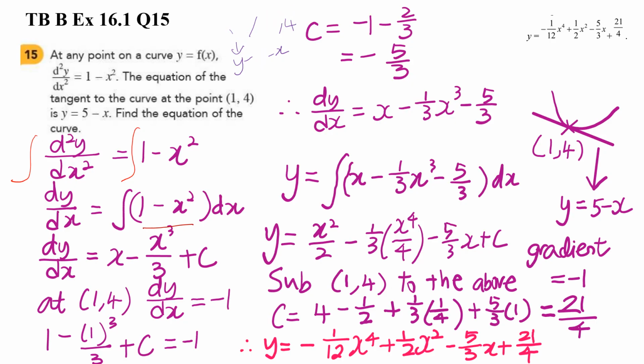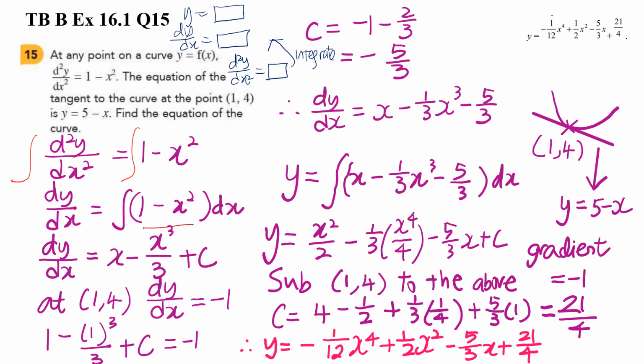So let's do a repeat. Let's do a summary of this kind of questions. Basically, the arrow goes this way. If you're given y equals something, you differentiate it, you get dy over dx equals something, right? You differentiate it again, you get d2y over dx squared equals something, right? So now you reverse the process.